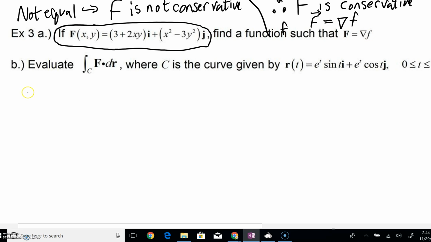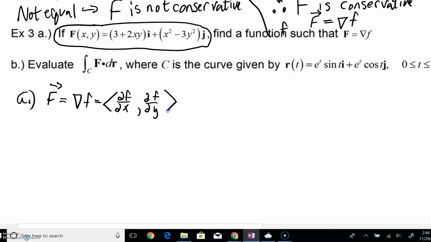So what's going to happen is, if F is really equal to the gradient of some function f, what was the gradient of f? Well, it was the partial derivative of little f with respect to x, partial derivative of f with respect to y.